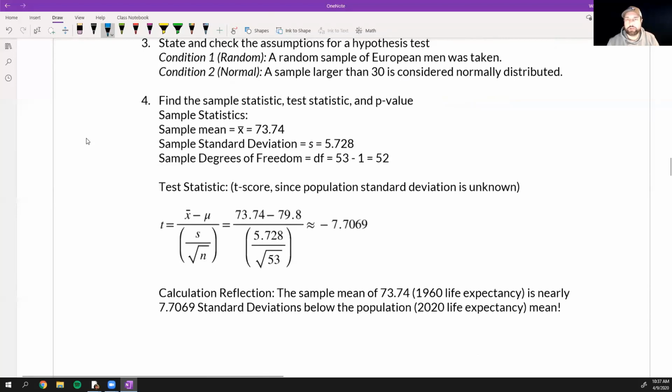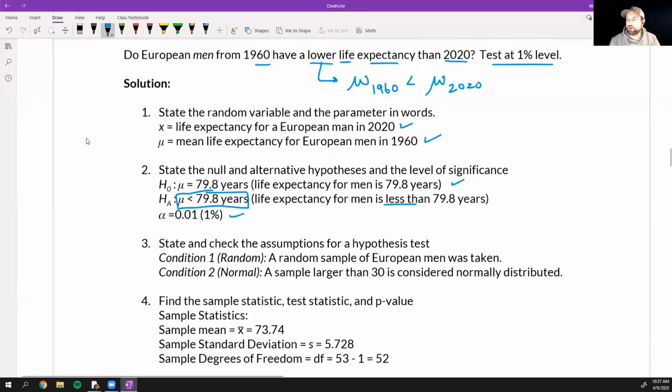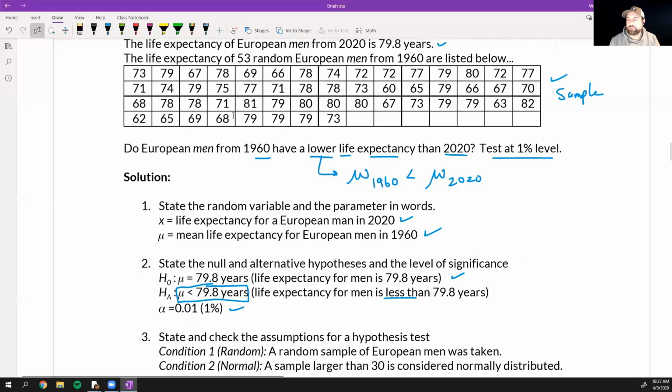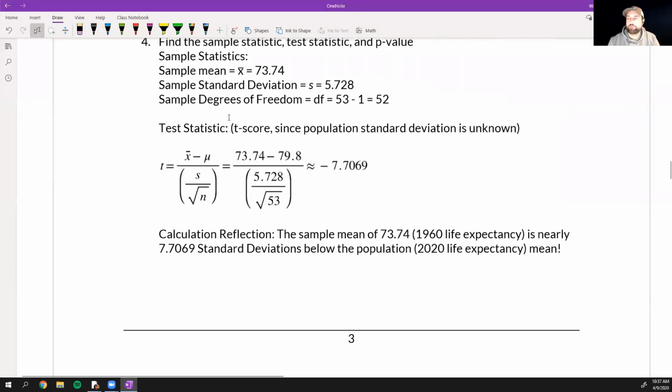If we take that sample of ages from 1960, at life expectancy, we should say, you will find that that sample has a mean of 73.74, a standard deviation of this, and a degree of freedom of this. You place those into the t-score algorithm, and it generates a t-score of this.